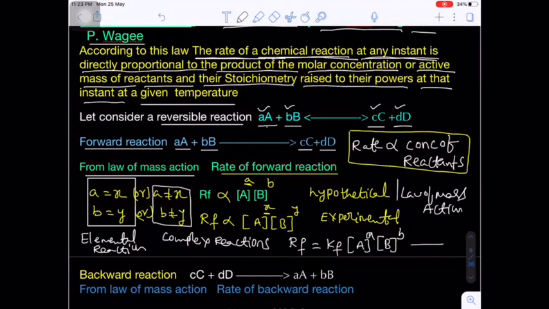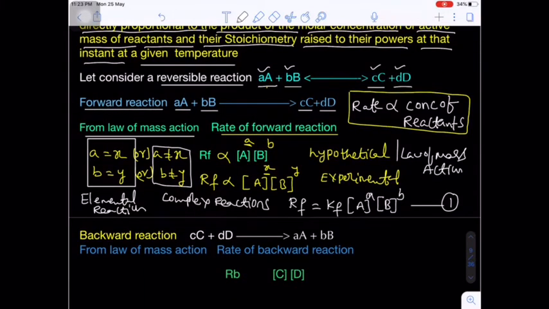This is equation number 1. Now here what is Kf? Rate constant of forward reaction. What is Rf? Rate of forward reaction. Rate of reaction or rate of forward reaction is Rf and rate constant is Kf.